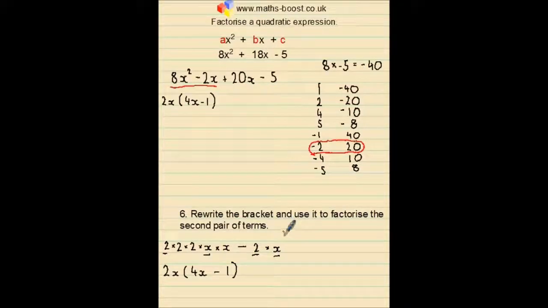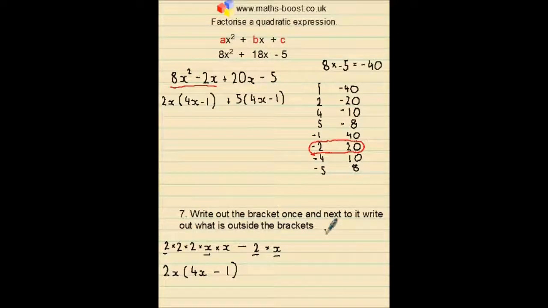Rewrite the bracket and use it to factorise the second pair of terms. So for this to equal this, I need a plus 5. And you can see if I do expand this out, I would get 20x minus 5. So it was the plus 5 that I needed.